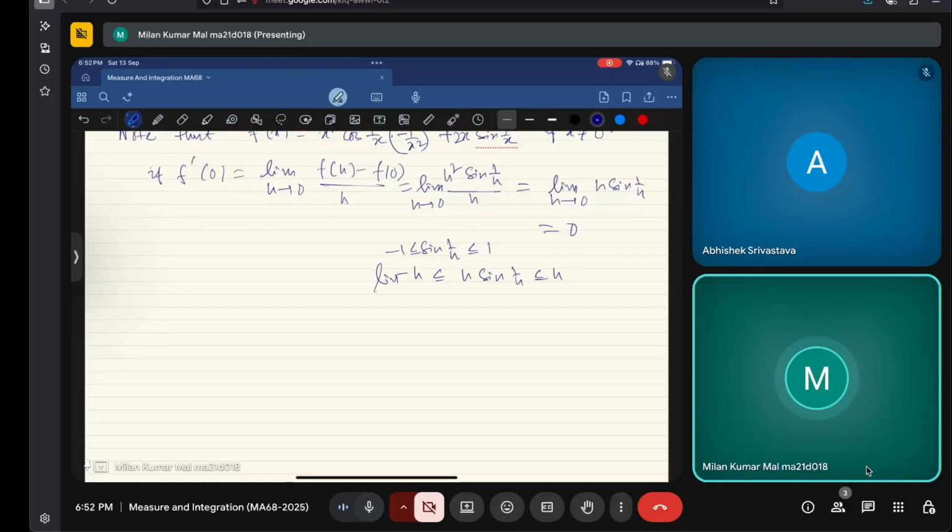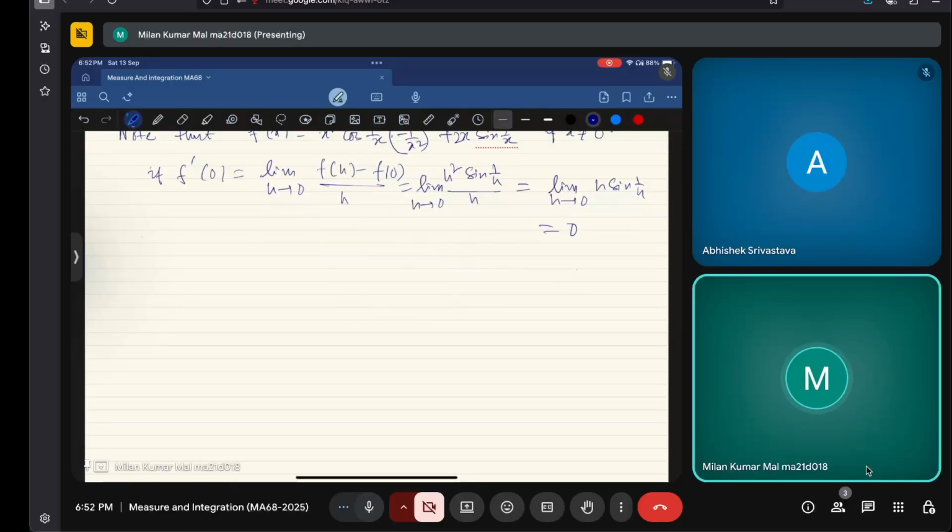Now taking the limit as h tends to 0 in each of these, we get 0 on the left and 0 on the right. That means this limit has to be 0, by the sandwich theorem. You know the sandwich theorem of limits. So this is 0, so the function is differentiable.